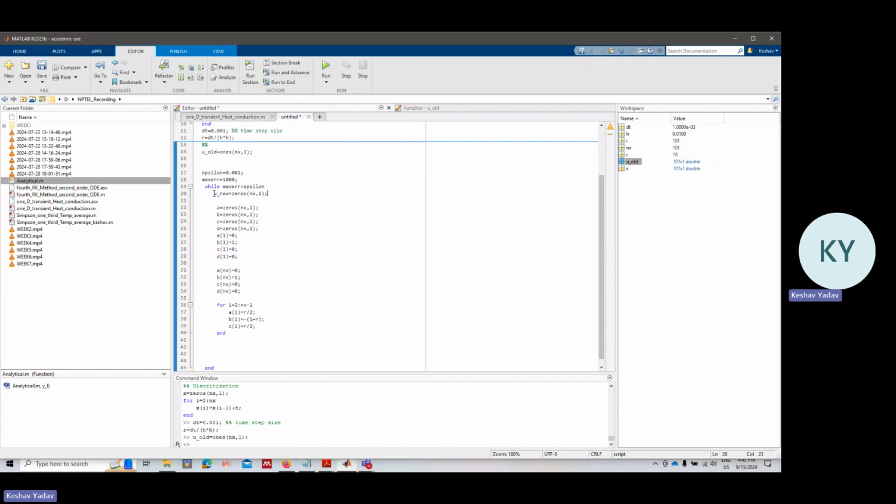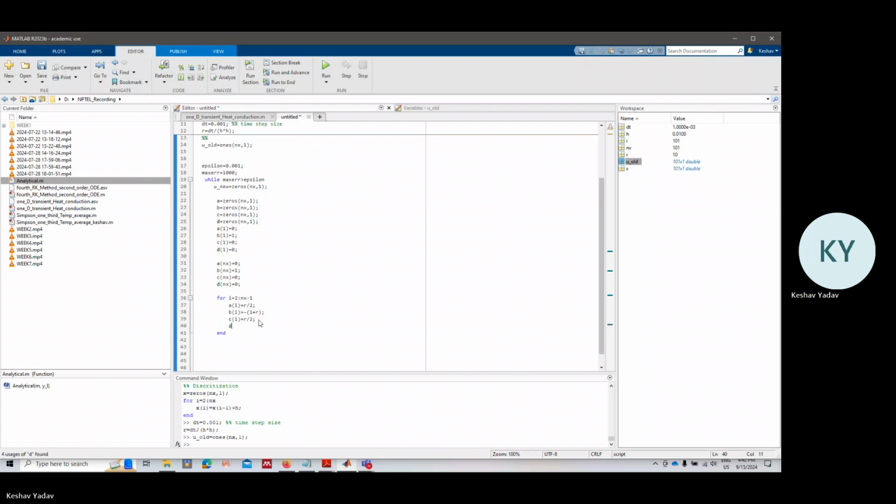Because in every iteration we will start u new as 0. Okay. So now I need to define the d. d of i will be what?